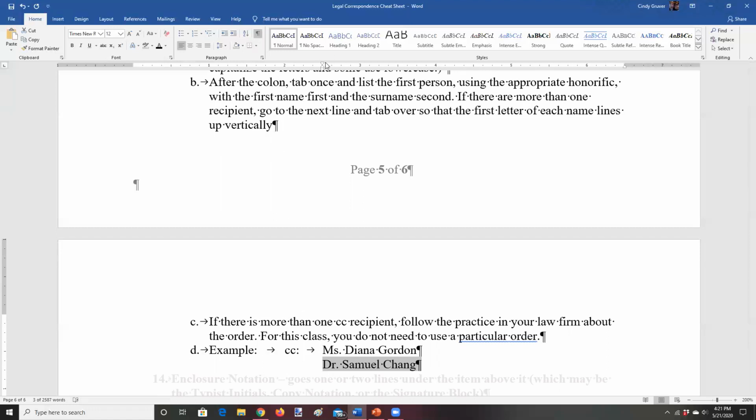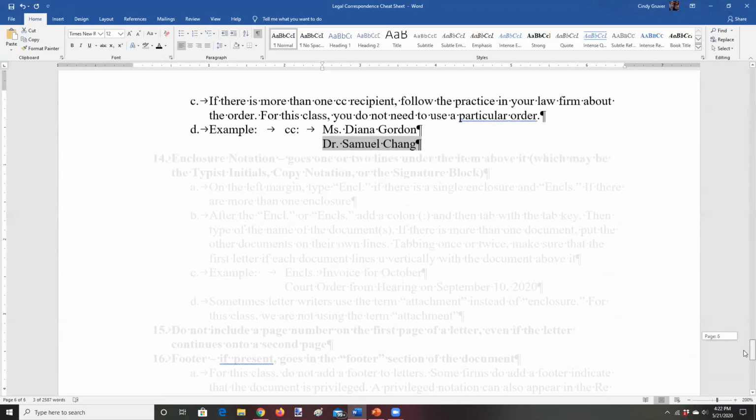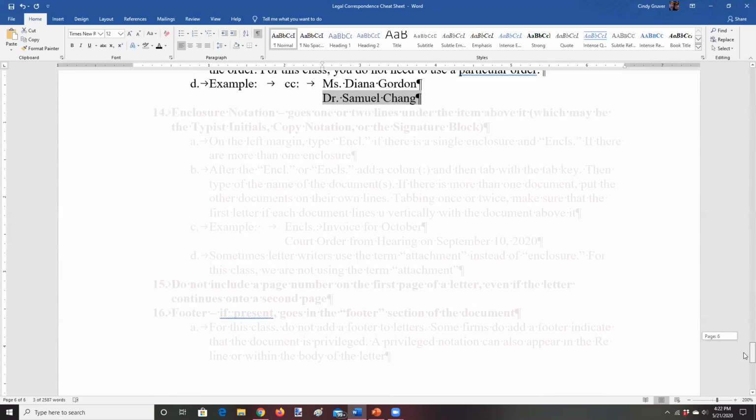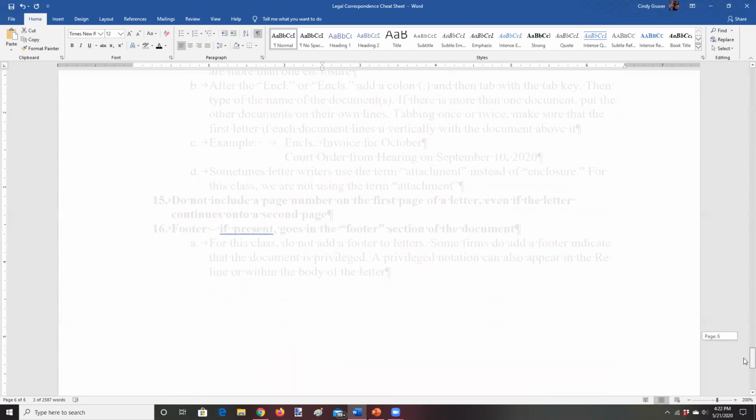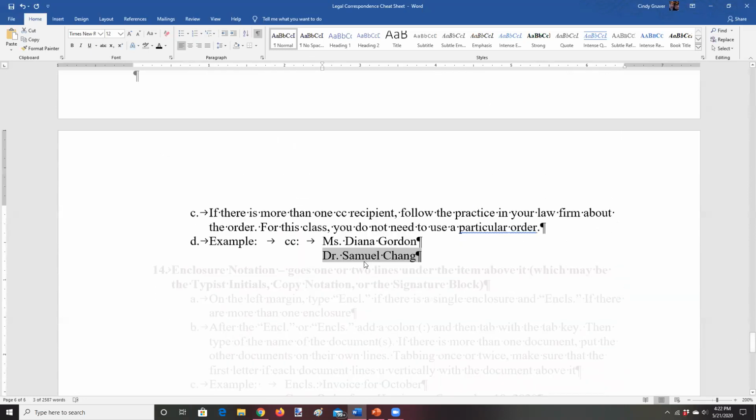One tab may take me all the way over to my M for Ms., or I might need to tab twice. But I do want my D in Doctor to line up with my M in Ms. If I'm not sure, I can just slide up to my ruler and check it out. Then I'm going to again do the first name and the last name.